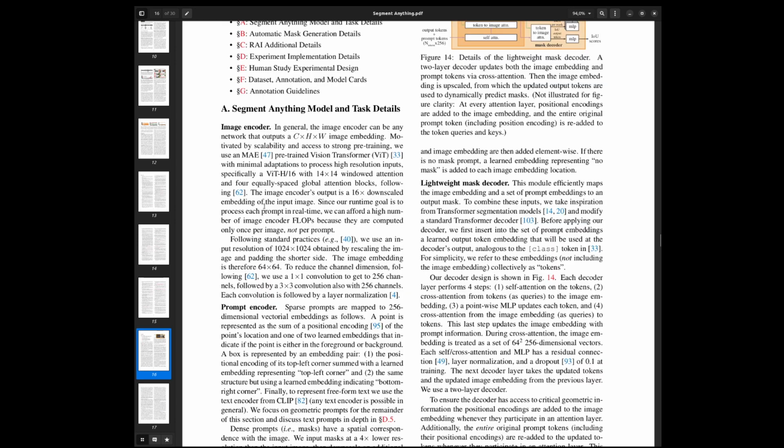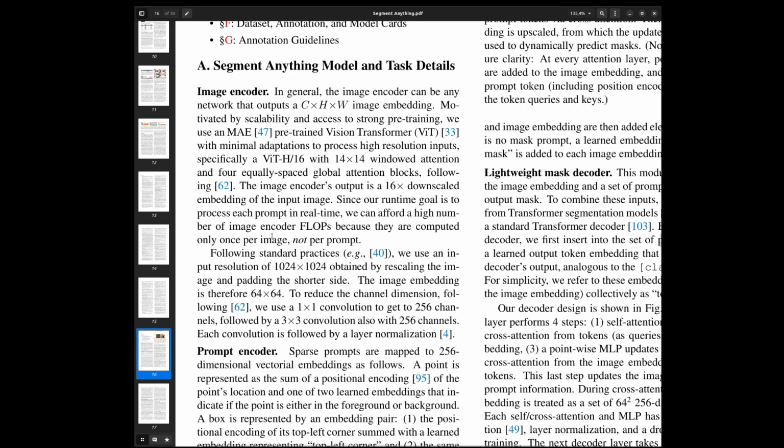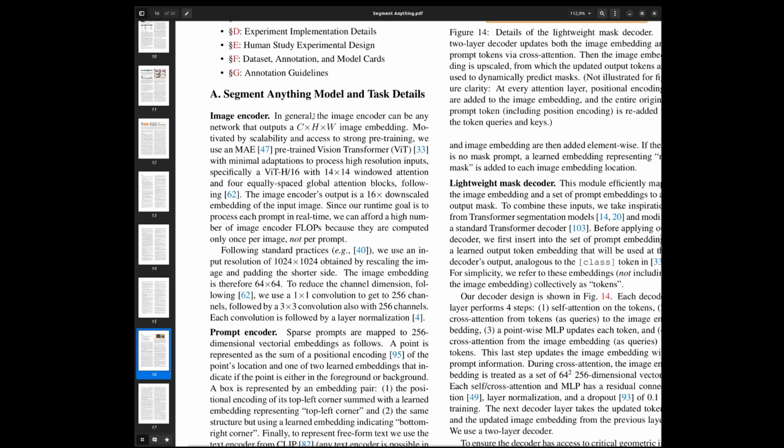So let's see, image encoder. Okay, we have seen that the image encoder outputs the 16x downscaled embeddings of the input image. True. Since our runtime goal is to process prompts in real time, we can afford a high number of image encoder FLOPs because they are computed only once per image, not per prompt.